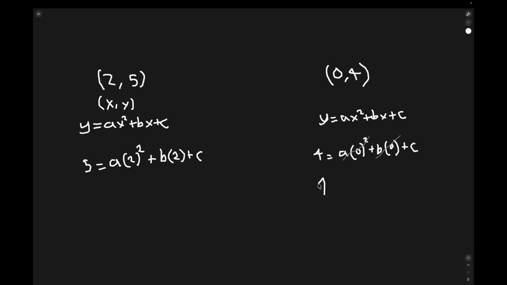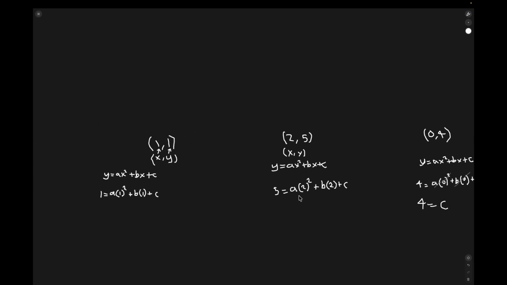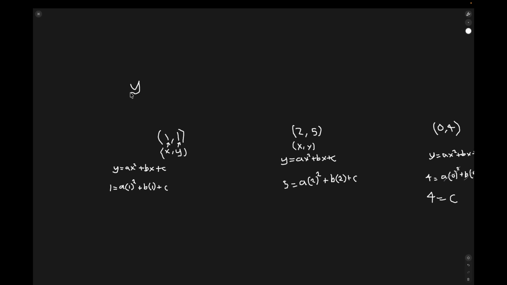Now we're just going to have 4 is equal to c. So that's our first variable, because we're trying to find the parabola y equals ax squared plus bx plus c. So we'll write a equals, b equals.